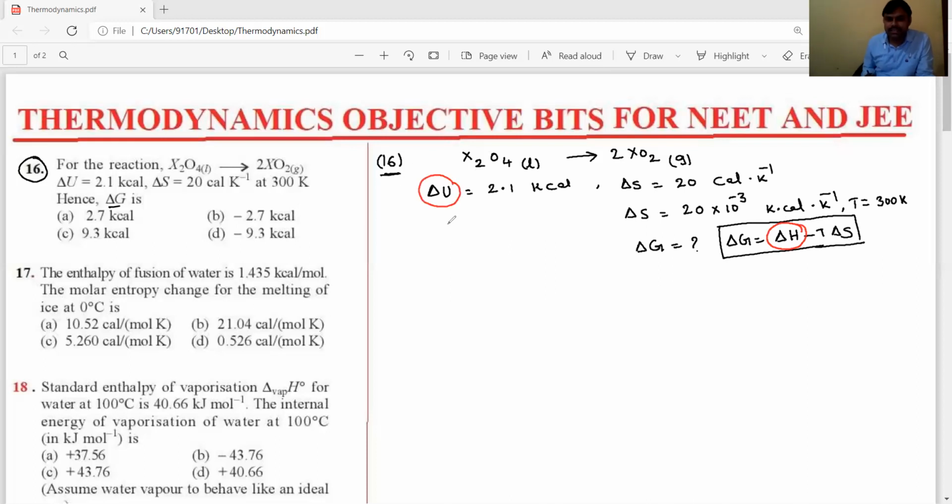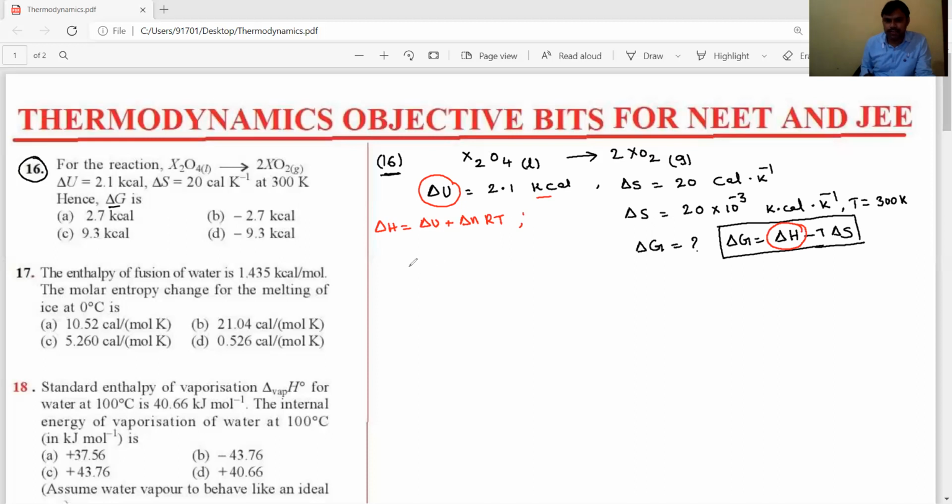What is the relation between delta H and delta U? We know very well that delta H is equals to delta U plus delta n RT. So I already have the delta U value, 2.1 kilocalories, and the delta n value we need to find out for the above equation.